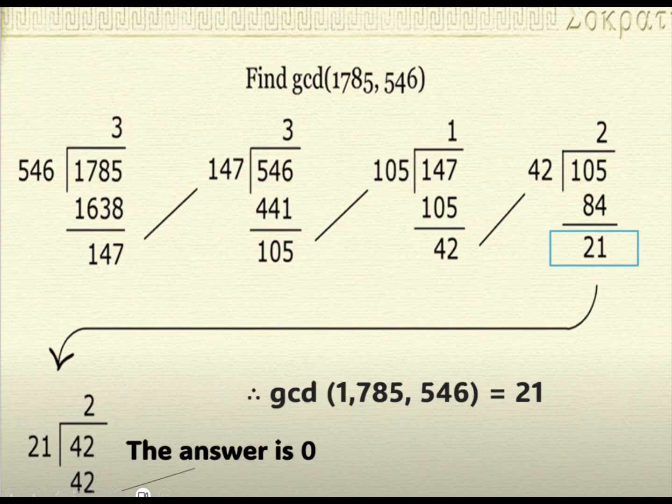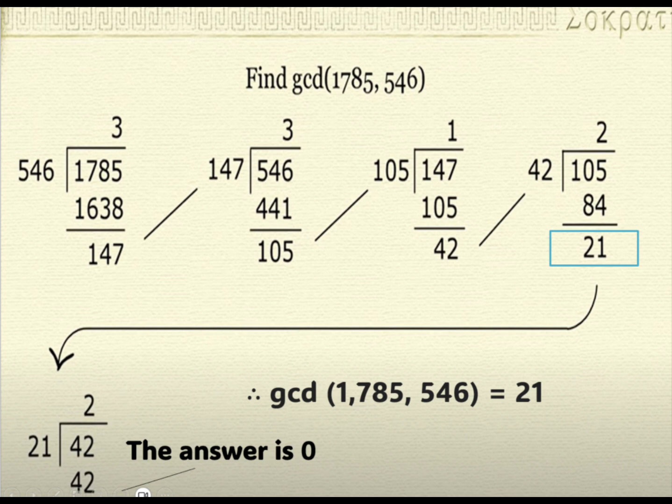Alright, another example. Let us try to find the GCD of 1785 and 546. Again, let us have the dividend as 1785 and our divisor as 546. In solving this, we get 3 as our quotient and 147 as our remainder.